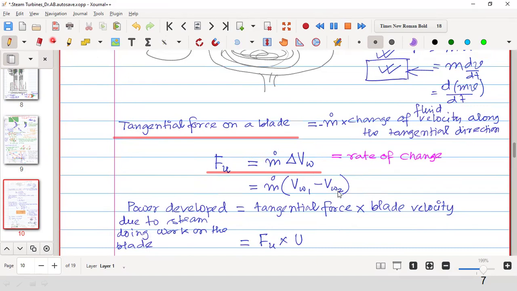That is nothing but the force from Newton's second law of motion, rate of change of momentum in the tangential direction.